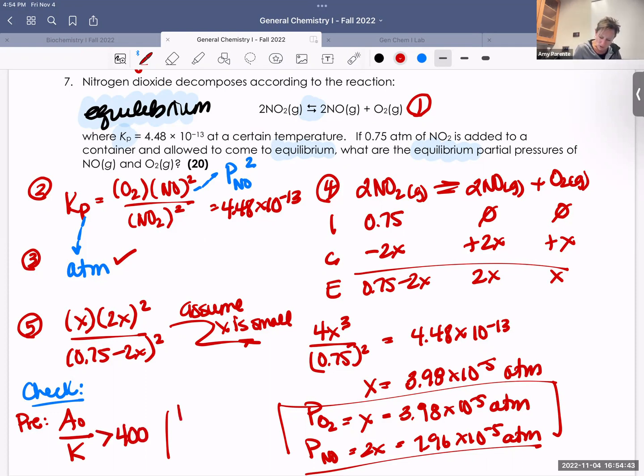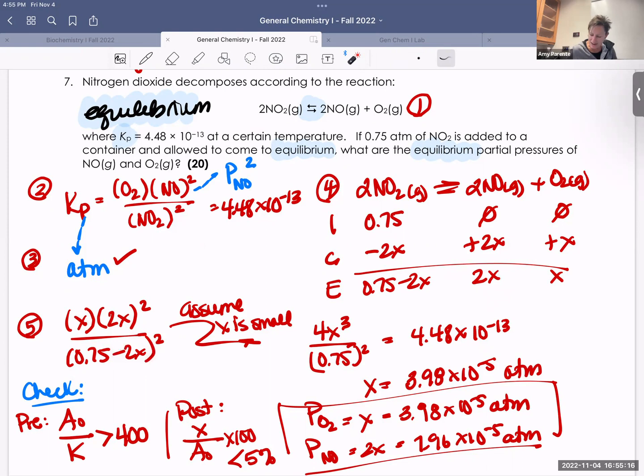Or you can do a post-check. The reason it's a post-check is you take your X value and divide by the amount that you started with, multiply that by 100, and that has to be less than 5%. In this case, we had a situation where we had a double scoop, and we assumed that the double scoop was small.